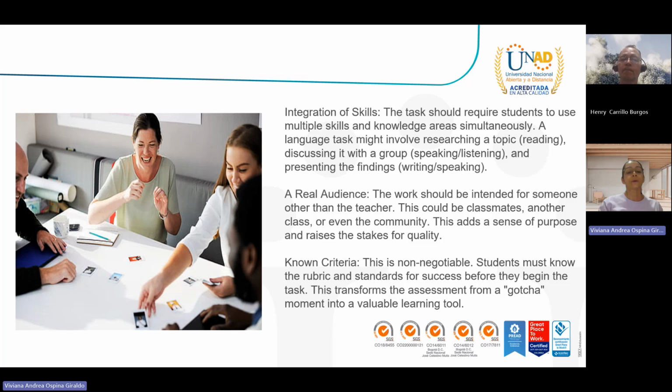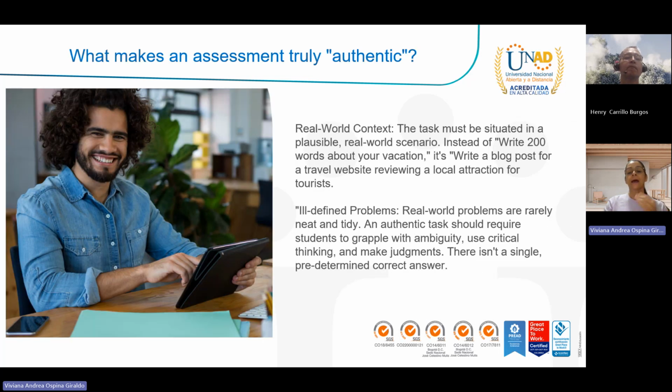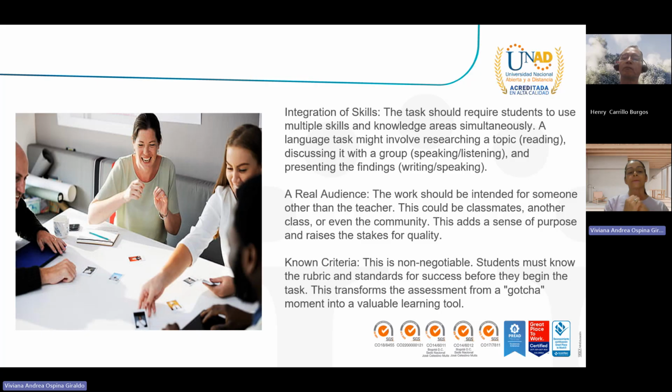So another thing that we could use is integration of skills. This is another fact that is very important when it comes to authentic assessment. So we need to have integration of skills. In the previous slide, I said that we need to have real world context and they need to define problems. We need to have a real world problem that needs solving.